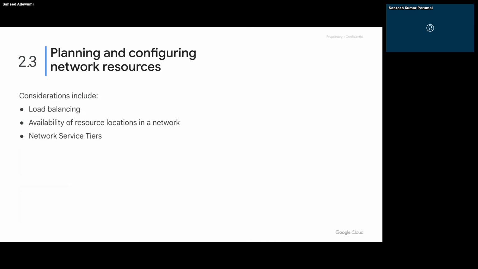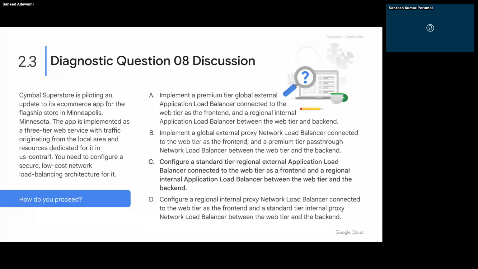Moving forward, we have planning and configuration of network resources, which involves load balancing, availability of resources, location in the network, and network services. So here we have a use case where Simba Superstore is planning an update to its e-commerce app for the flagship store in Minneapolis, Minnesota.